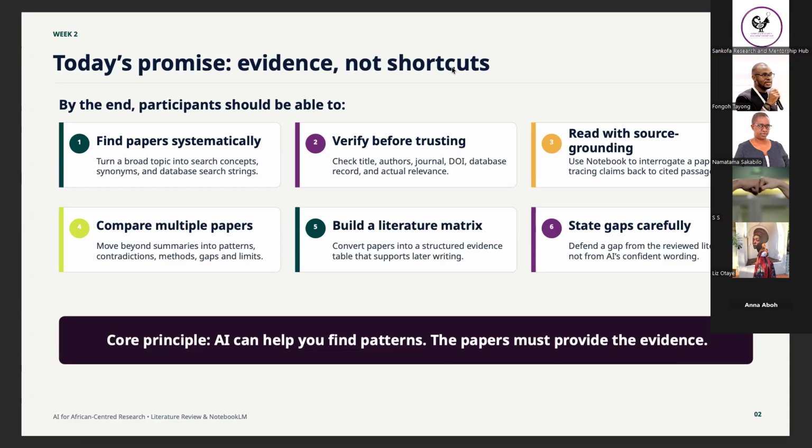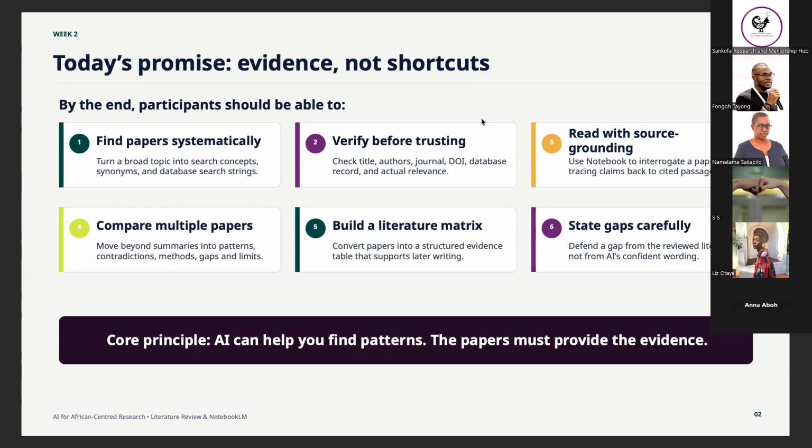So we are not writing the literature review today, and we're not using AI to write the literature review today. It's helping us to figure out structured evidence, especially in table formats. And we can state the gaps carefully. So the core principle: AI can help you find patterns, but the papers must provide the evidence, right?